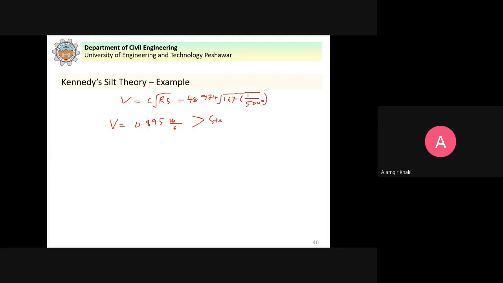The critical velocity is what is required because the channel should be non-silting, non-scouring. And its value, which we obtained in step number 2, is 0.857.